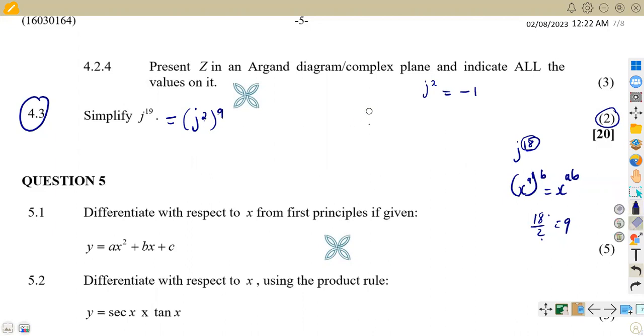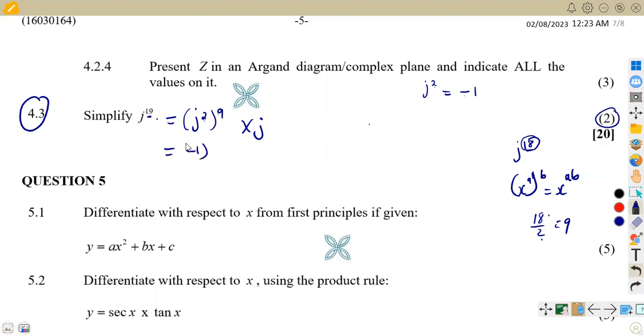But take note, this is not j to the exponent of 18, it's j to the exponent of 19. So we have used 18 of the j's now. How many j's are going to remain? We are going to remain with 1 j, because there were 19 and we used 18 here. So from this part, we said j squared is minus 1.